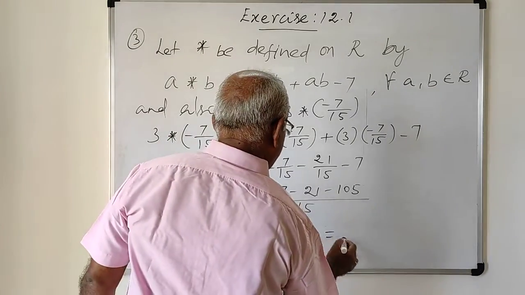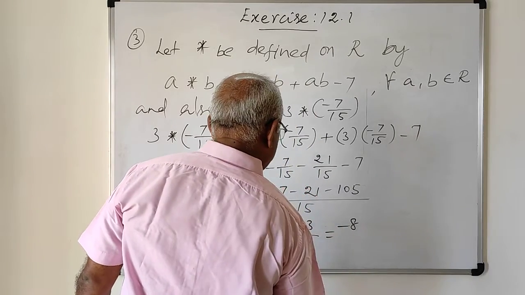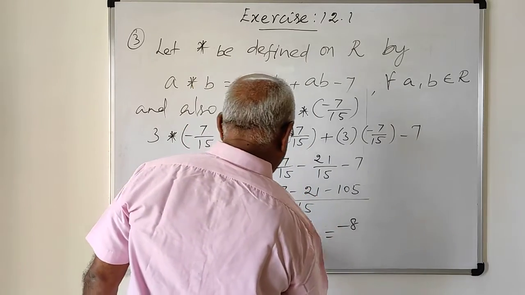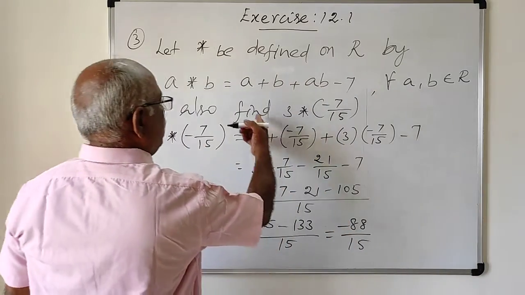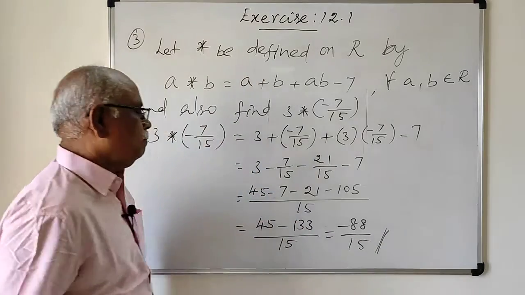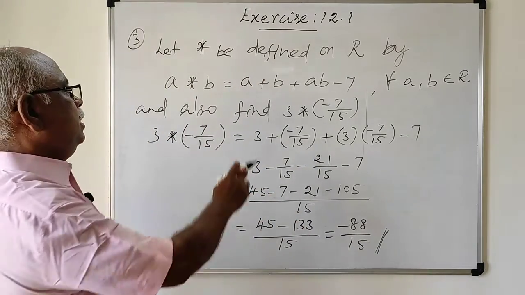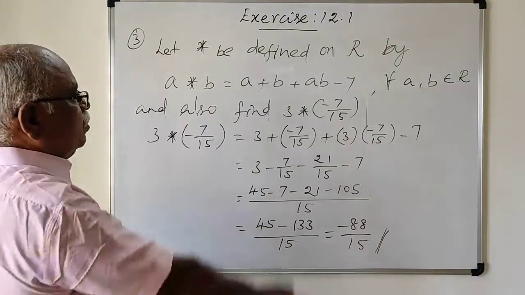Minus 133 plus 45 is minus 88 by 15. So the value of 3 star minus 7 by 15 is minus 88 by 15. That is the answer for the operation of these two elements. That's all about problem 3.